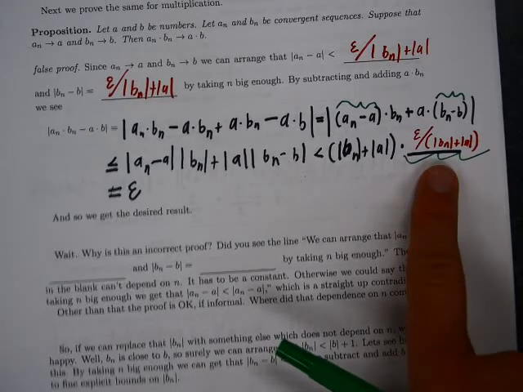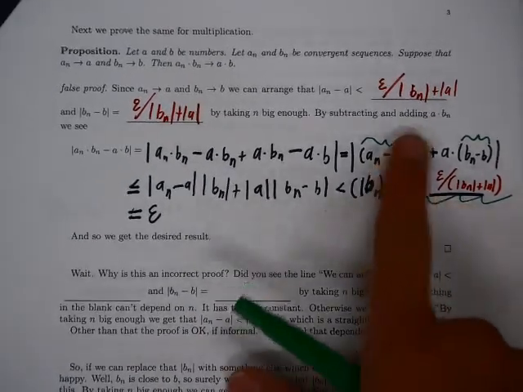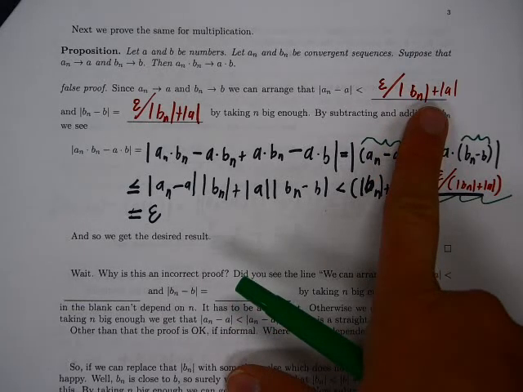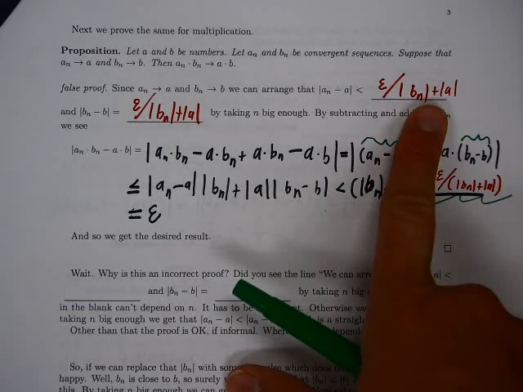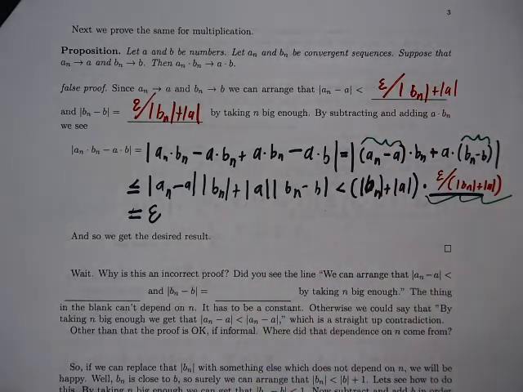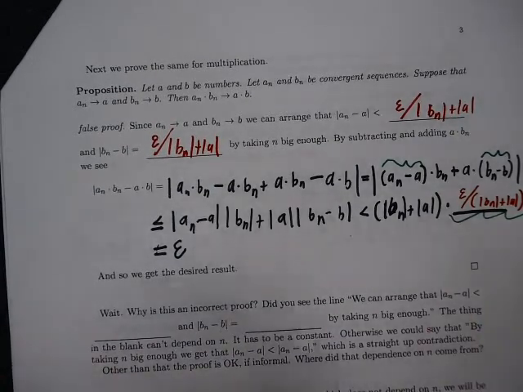Something that's worse, though, is, check this out. This quantity depends on little n. But let's see why that's bad. So let's just recall the definition of limit.